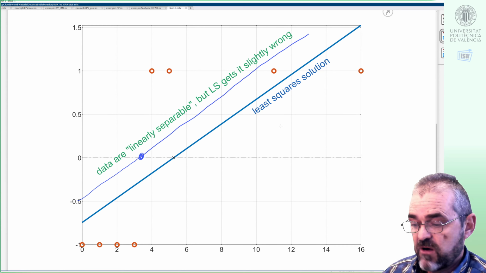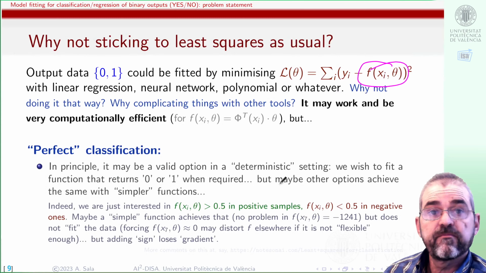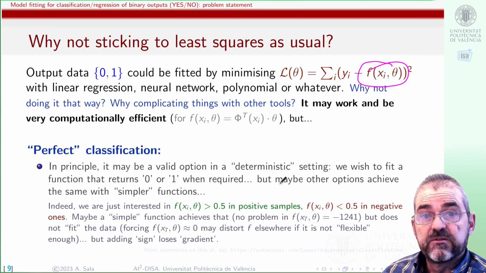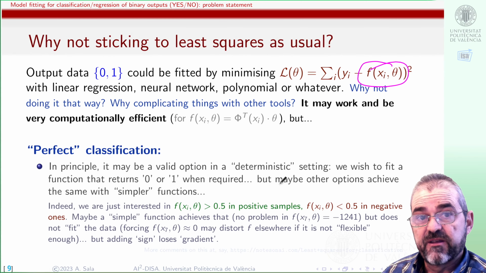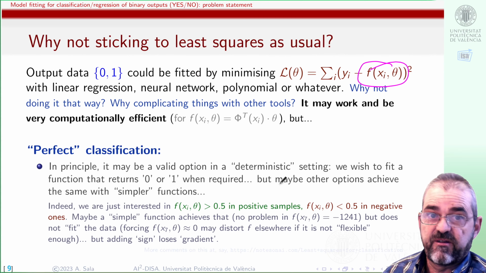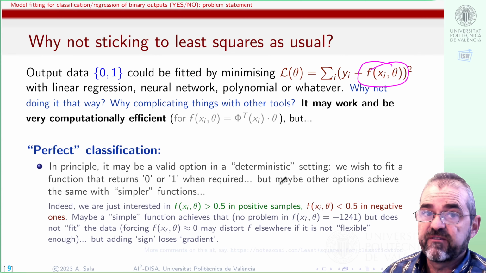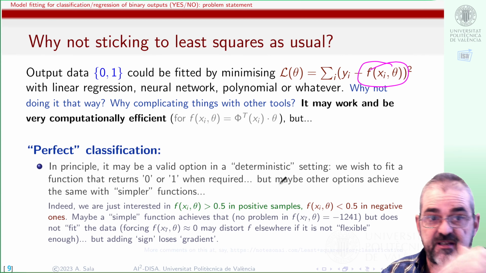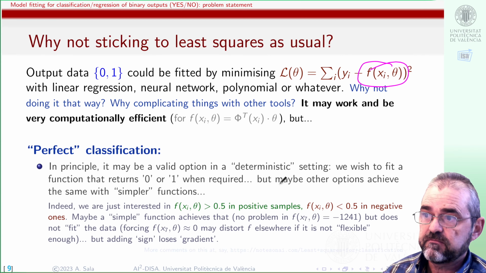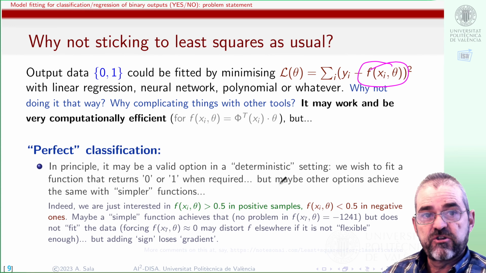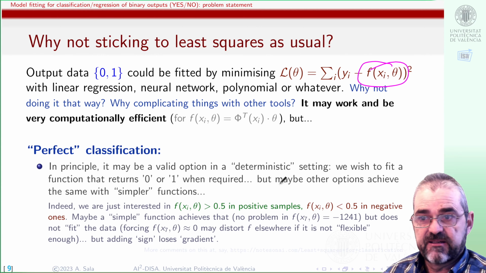So naive least squares should be modified, either with cost index modifications, so that the optimal thing is the new line instead of the old one, or with more complex shapes of F that can fit ones and zeros and steps. So this is the discussion on perfect classification. It may work, but there is ample room for improvements.